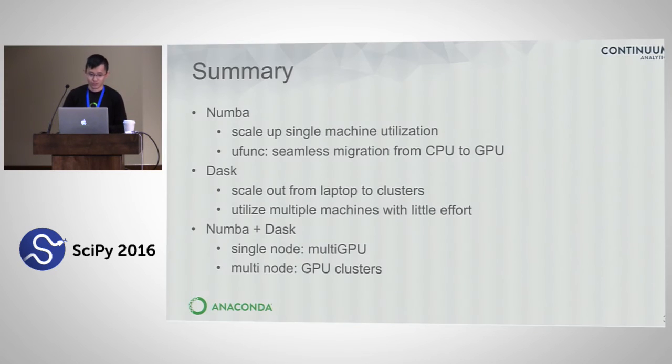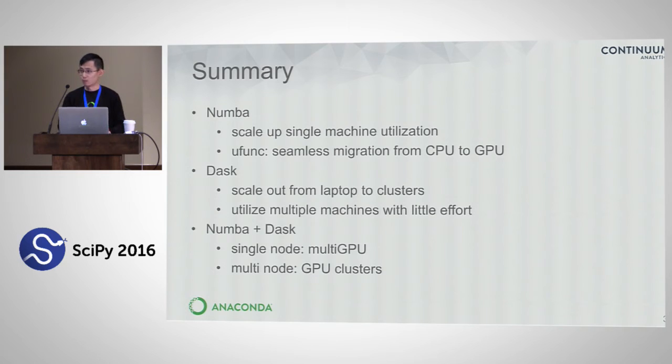All right. In summary, I showed you how you can use Numba to scale up your single node code and help you fully use your machine, and how easily, by changing one string, you go from CPU to GPU. With Dask, you can easily scale up from a laptop.